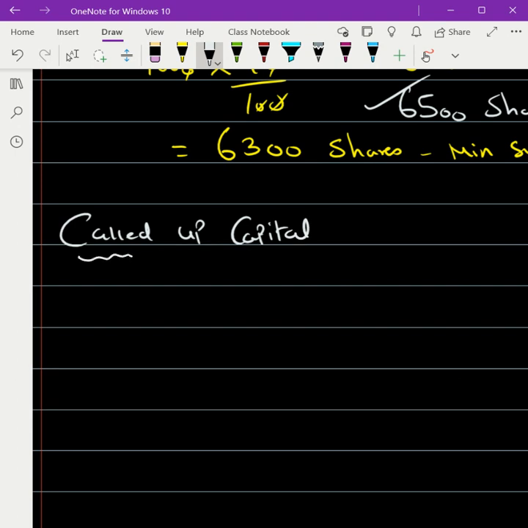The word itself says it is something for which you are going to make a call. So it refers to that part of your subscribed capital which has been called up by the company for payment. So that means it is a part of what capital? It's a part of your subscribed capital.